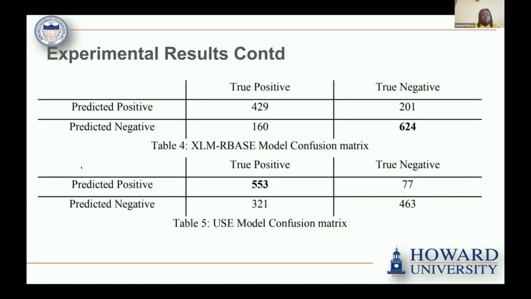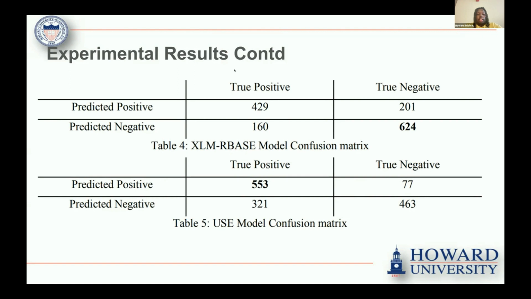And so with that, XLM Roberta base did have the higher accuracy, but it was outperformed by USE in false positives, in that XLM Roberta base had 201 false positives in comparison to USE having only 77 false positives.